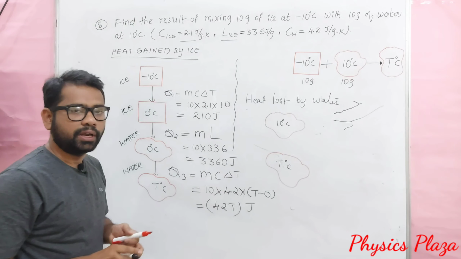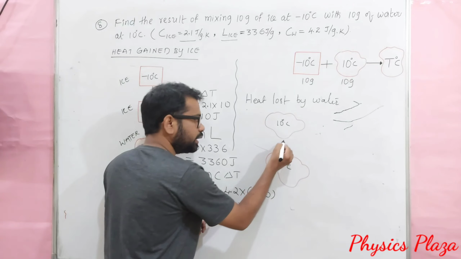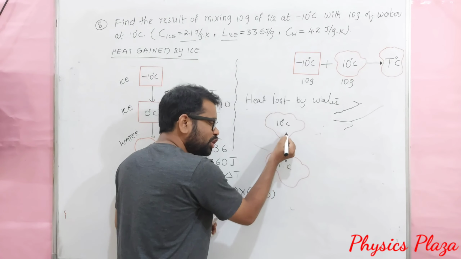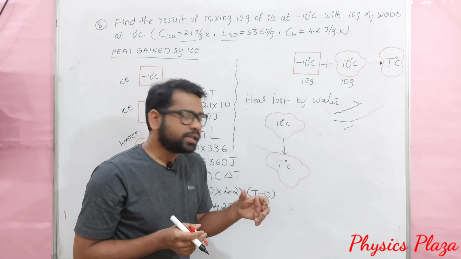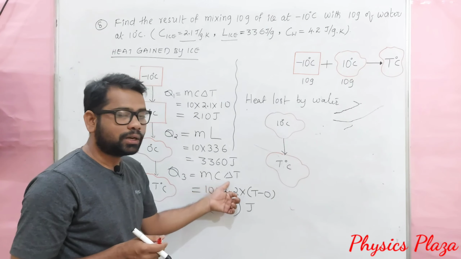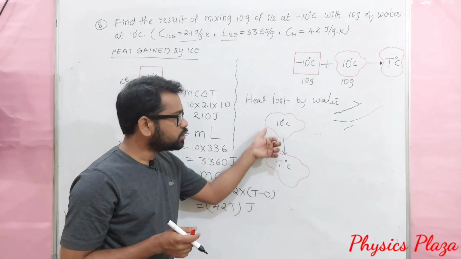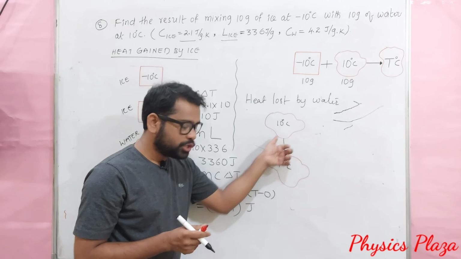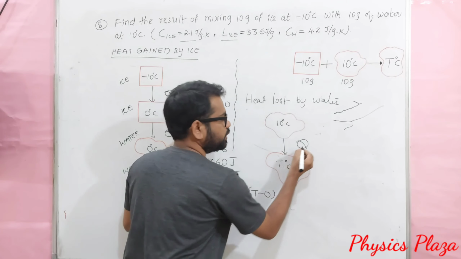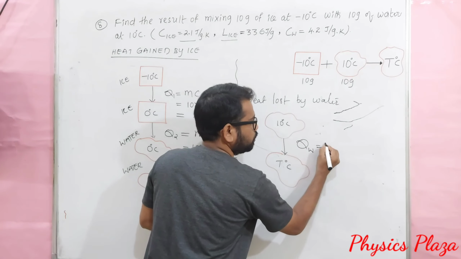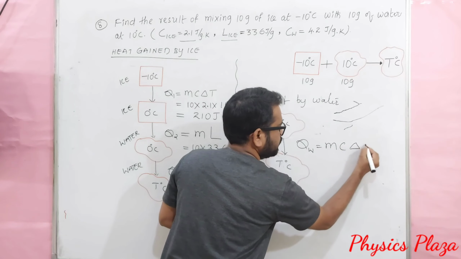So there is no change in state, rather there is a change in temperature. Then how can we calculate the heat lost? That is Q is equal to mc delta T. Why? Because there is no change in state, only a change in temperature. So Q, the heat lost by the water, is equal to mc delta T.